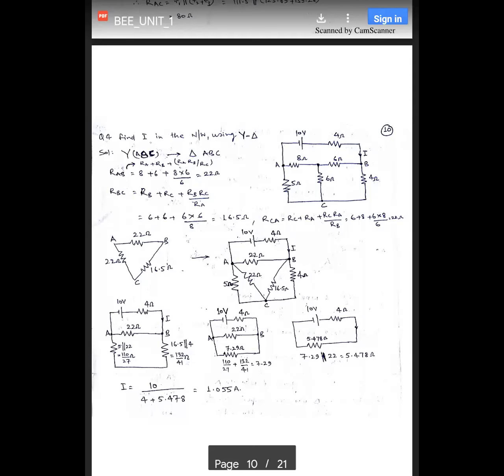Whenever we are required to calculate the current in the network, it means that we have to reduce the circuit in the form of Ohm's law. We have to reduce the circuit in such a manner that Ohm's law can be applied. So in simple language, what does Ohm's law mean?